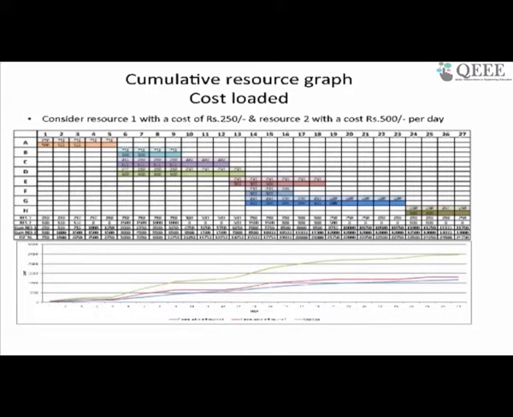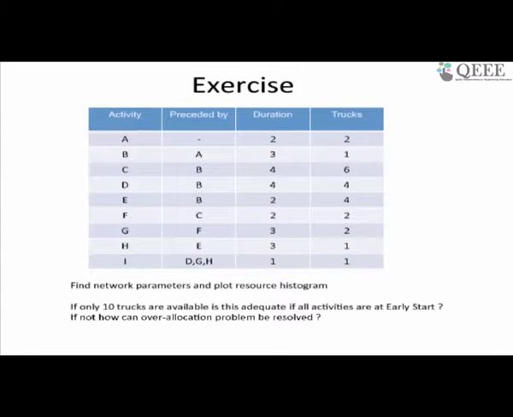Okay, you can see the 3 graphs. It shows the cumulative cash required for resource 1, resource 2, and the total. So as a project, I have to also plan how my money will come in and go out. This kind of an approach will give a feel of how I can manage my money as far as the project situation goes. We will go a little deeper into this later.